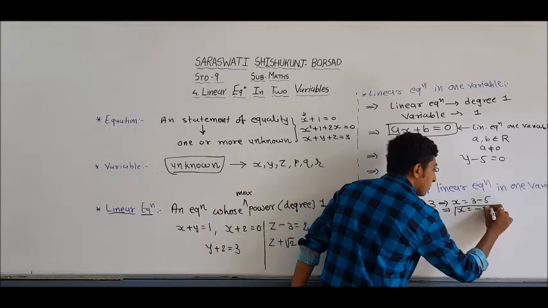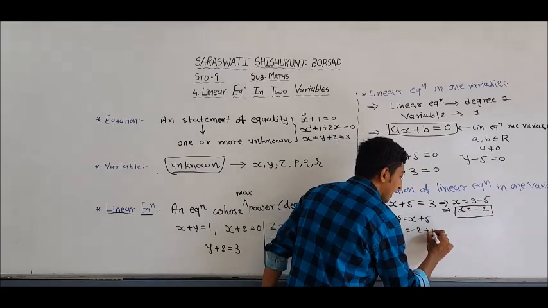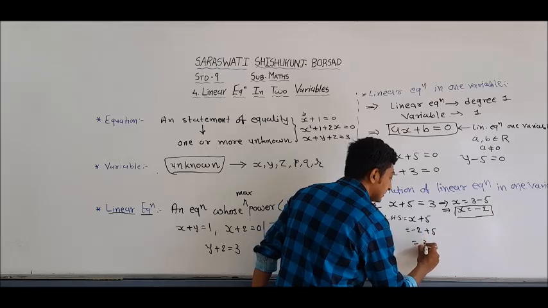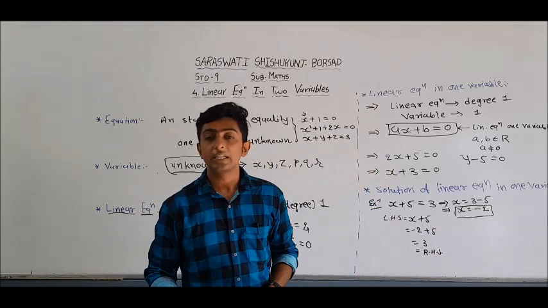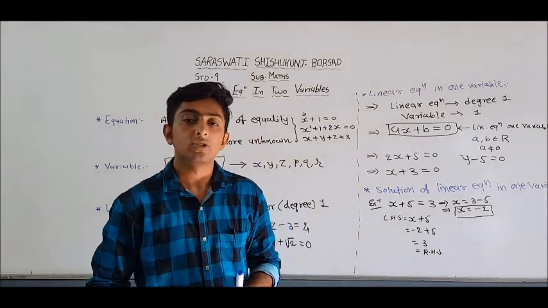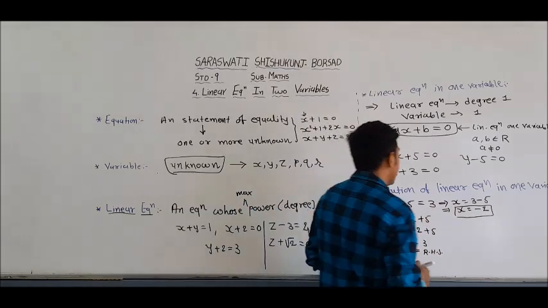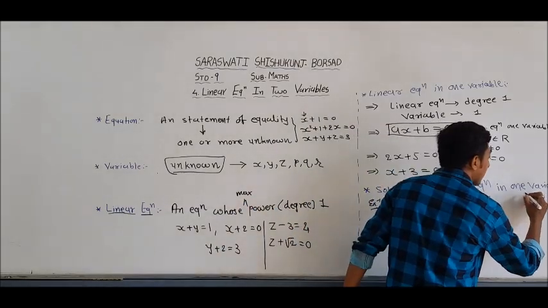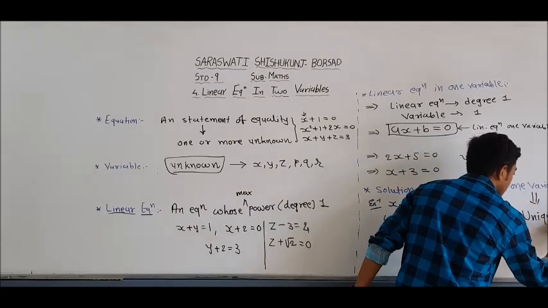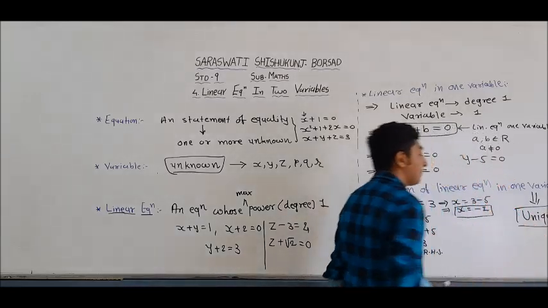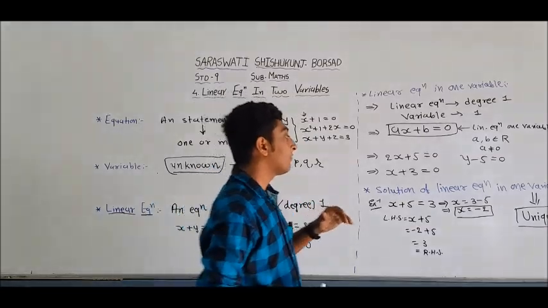Substitute the value x equal to minus 2, that means minus 2 plus 5, that is 3, equal to RHS. That means x equal to minus 2 is the solution of the linear equation in one variable. Friends, the solution of a linear equation in one variable is always unique. This question will be asked in your exam or test as a multiple choice question, true or false, or fill in the blanks.